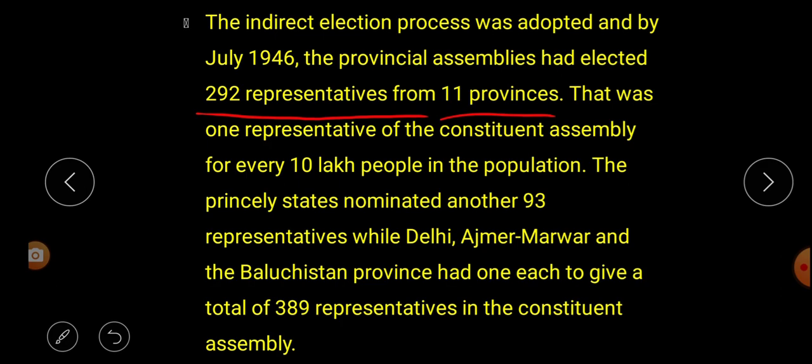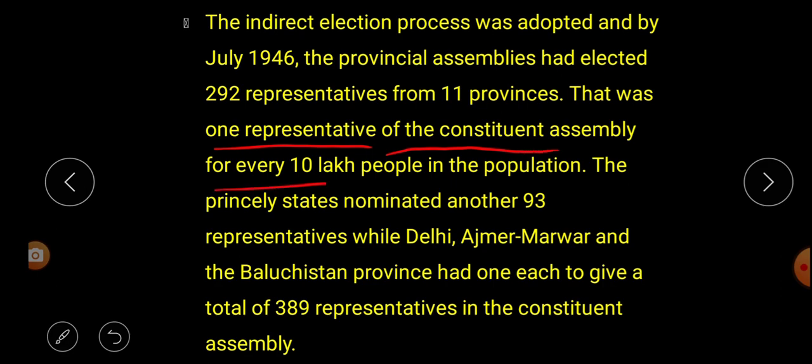Listen carefully. The indirect election process was adopted in July 1946, and the provincial assembly had elected 292 representatives from the 11 provinces. That was one representative of the constituent assembly for every 10 lakh people in the population.